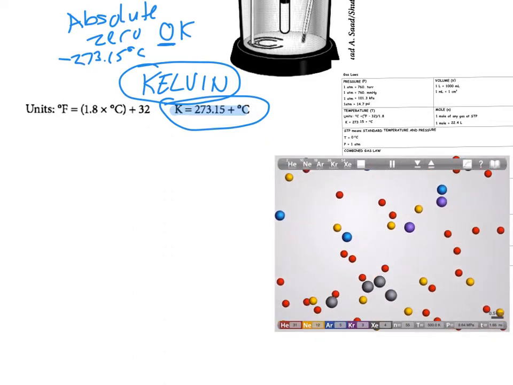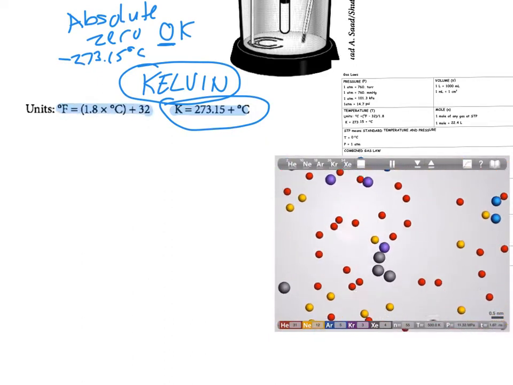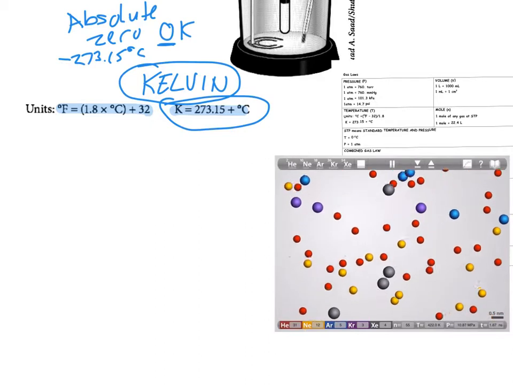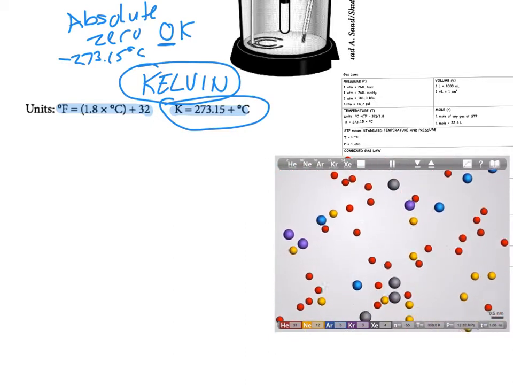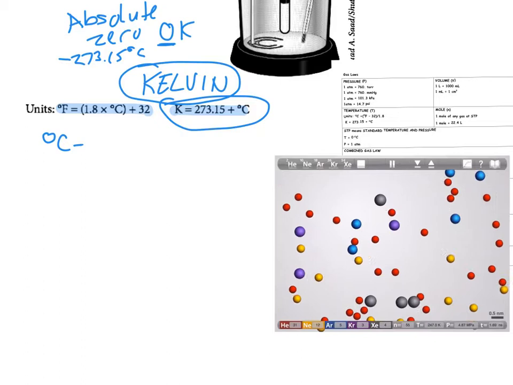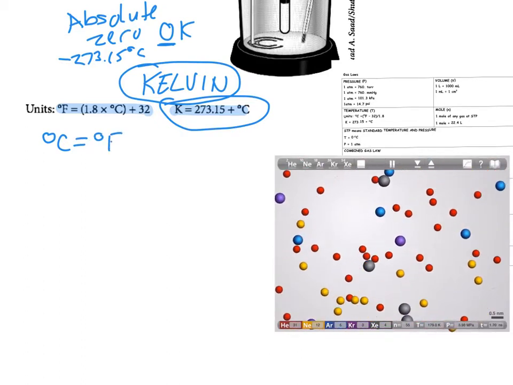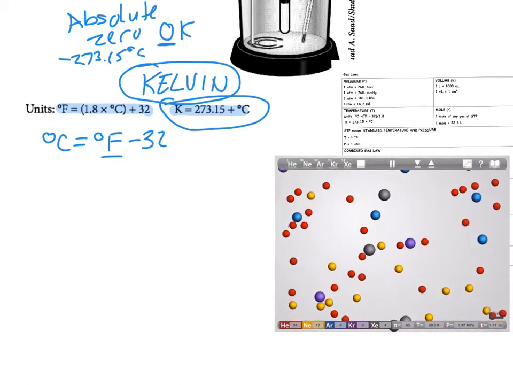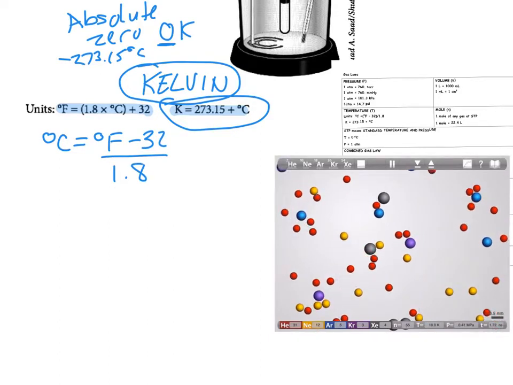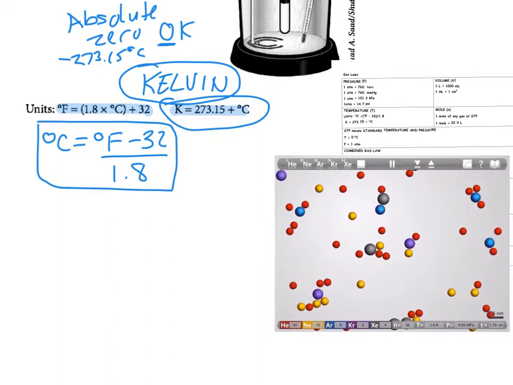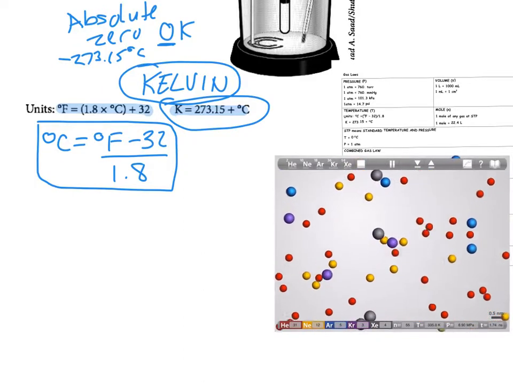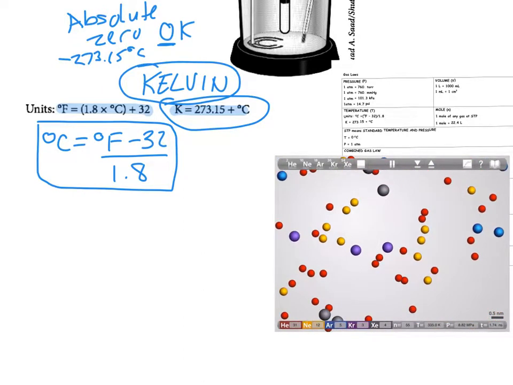We also have the Fahrenheit conversion and a Celsius conversion, and I have those on our cheat sheet. If we wanted to rearrange the Fahrenheit formula, we take our degrees Fahrenheit, subtract 32, and divide by 1.8, and that will calculate our degrees Celsius. As I have on the pages here in the book, one of the examples involves a temperature conversion, and we're going to start with a temperature of 55 degrees Fahrenheit.